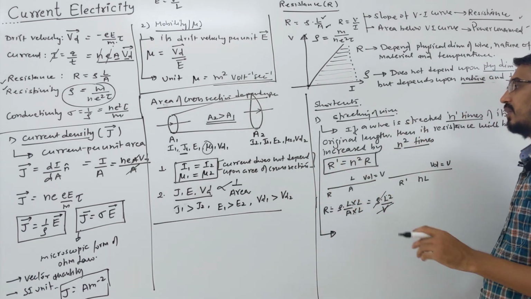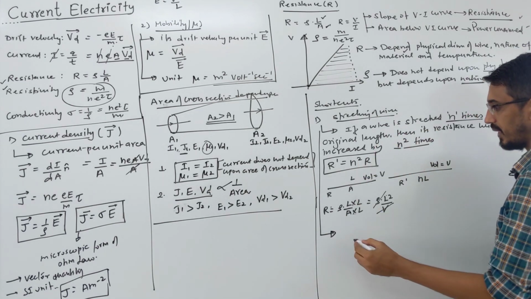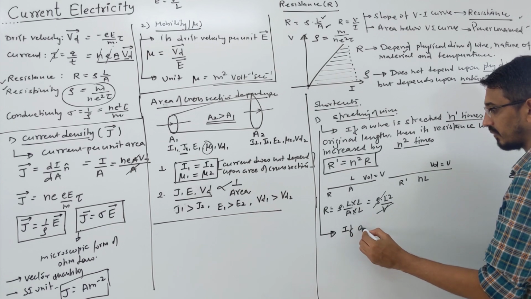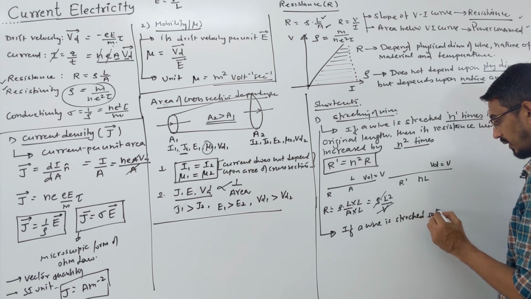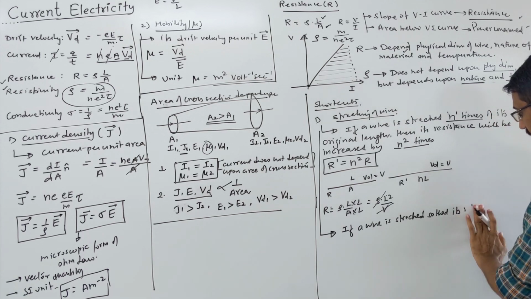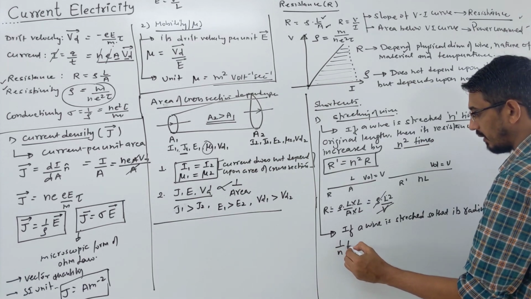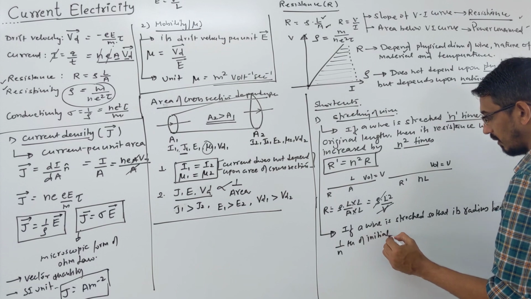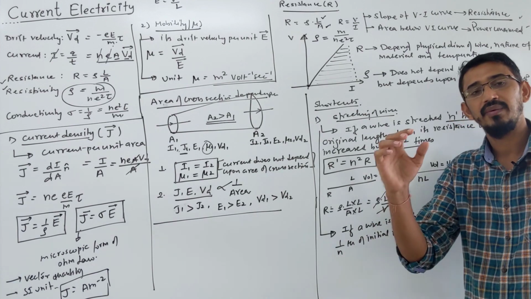When you stretch a wire, length will increase and radius will decrease, right? So it is the same idea, only they say it in terms of radius. If a wire is stretched so that its radius decreases, or its radius becomes 1 by nth of the initial radius.